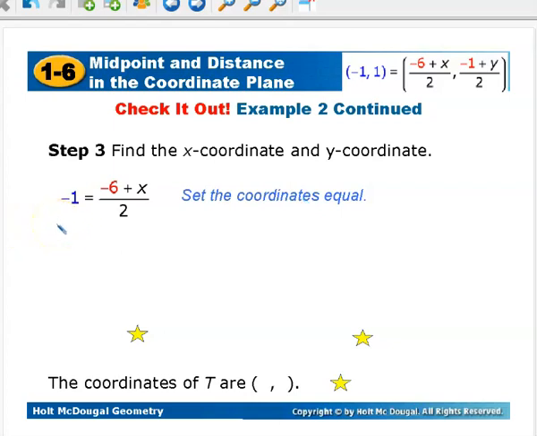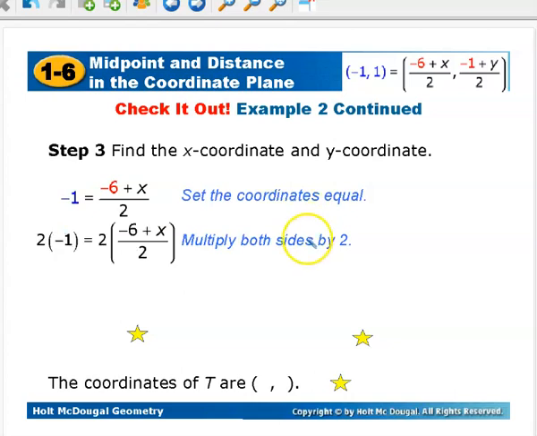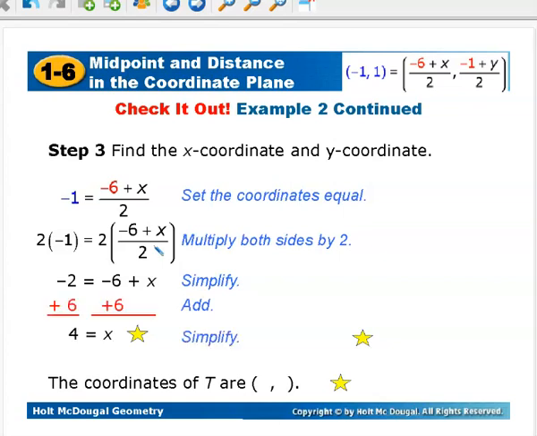So now I'm going to multiply both sides by 2 like I've done before. Here I can cross-cancel the 2's, and I end up with a one-step equation: -2 equal to -6 plus x. We'll solve that, and we end up with the x coordinate for T. I like to label it like this. This is my endpoint, the x coordinate of that, so T sub x.